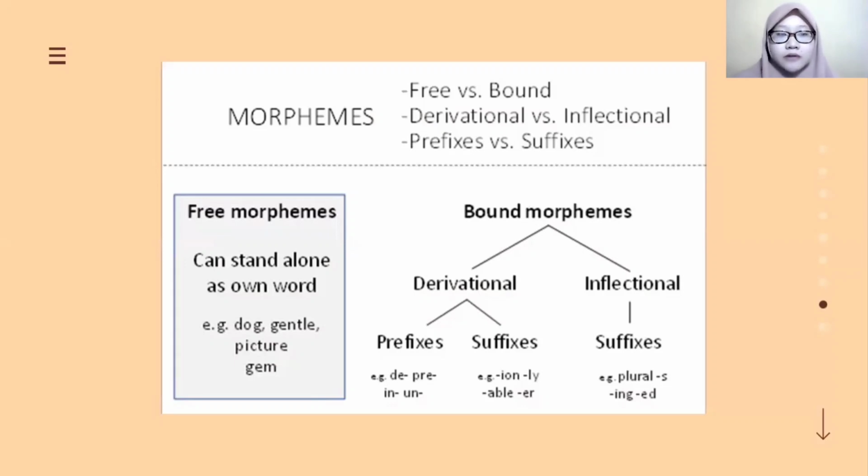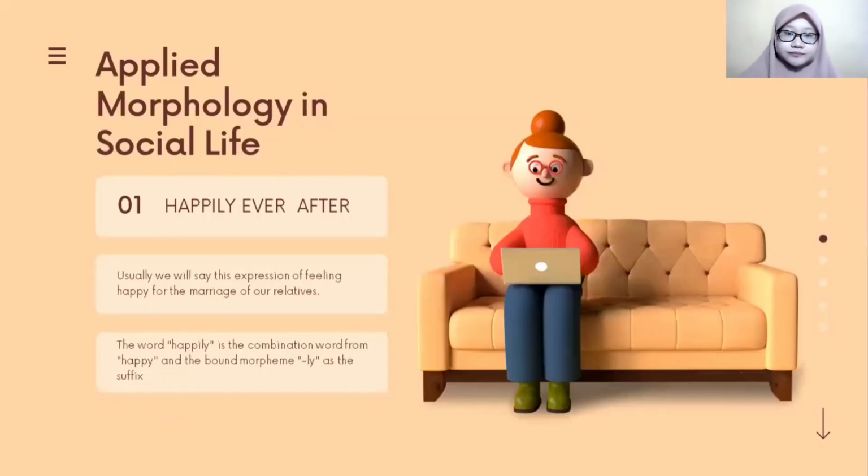For the free morphemes, they can stand alone as their own word, for example, dog, gentle, picture, and drum. Meanwhile, the bound morphemes are divided into 2 parts, which are derivational and inflectional, and the derivational is divided into 2, which are the prefixes and suffixes. Meanwhile, the inflectional is the suffixes only.